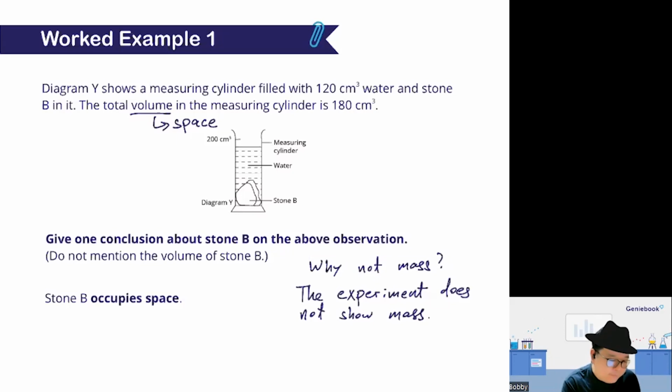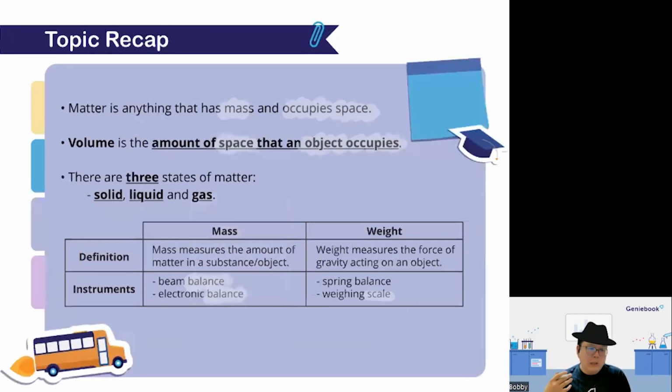So basically, if I go back to the earlier slides, we can only determine or compare mass if we are using an instrument related to mass, like a beam balance or an electronic balance.